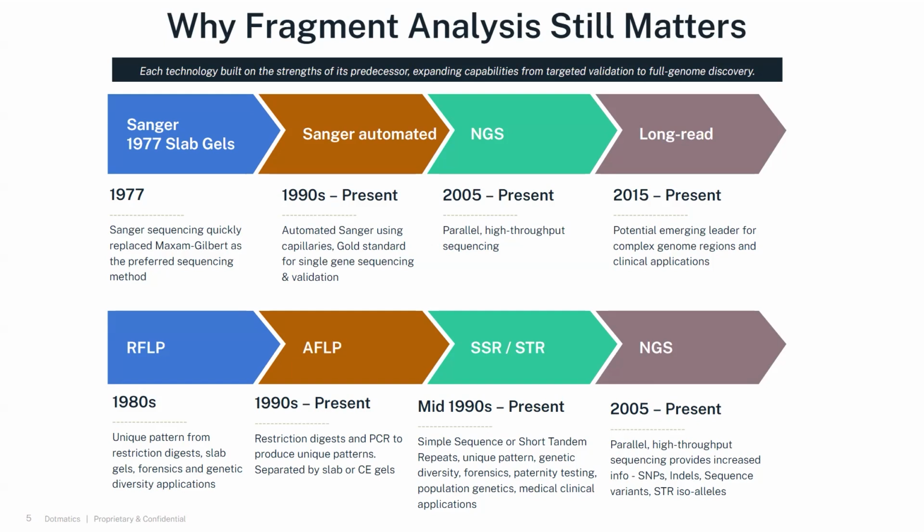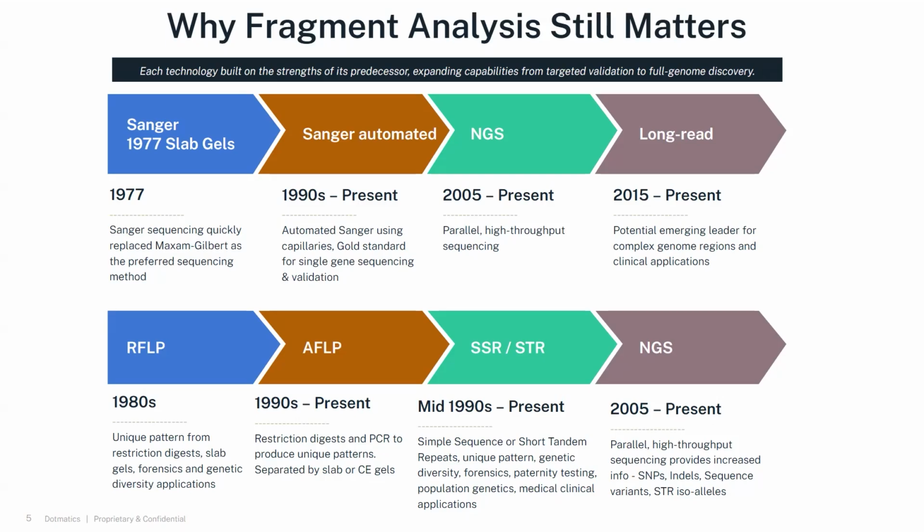In the 1990s, capillary electrophoresis and fluorescent labels improved workflow for Sanger sequence analysis and fragment analysis. Fragment analysis also leapt forward with AFLP that utilized fragment restriction in combination with PCR to produce the unique fragments that would be separated by slab or CE.